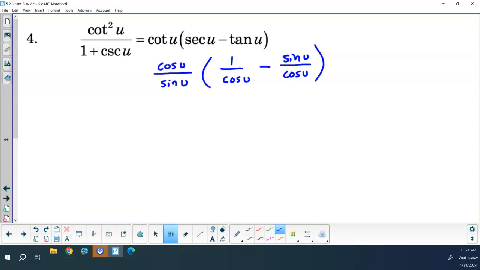Okay. That helps us out, right? Now I can say that this is cosine of u, sine of u, times 1 minus sine of u all over cosine of u.